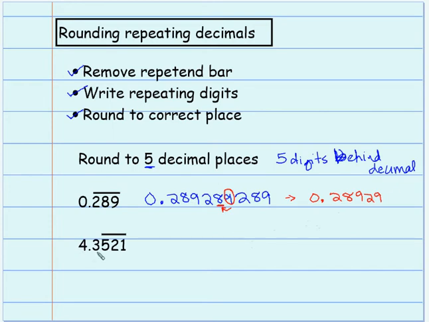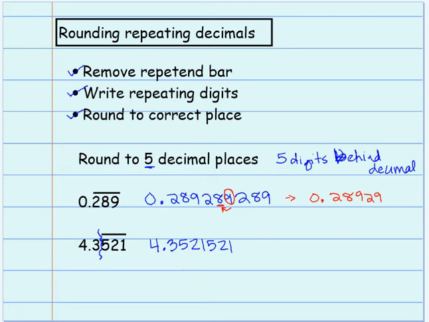Okay, let's try it again. We have a 4.3, and notice the repetend bar is only over the 521. So write out what you see, 4.3521, and then write the repeating digits. So it's not the 3, it's just the 5, the 2, the 1. And I think I have enough digits there.